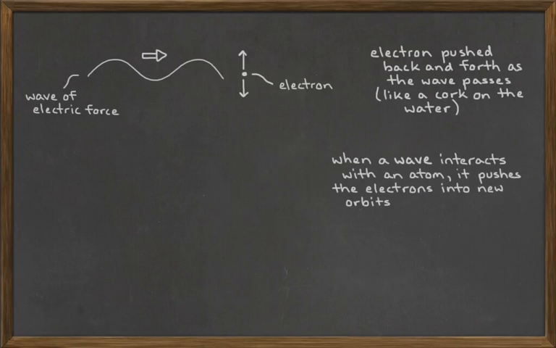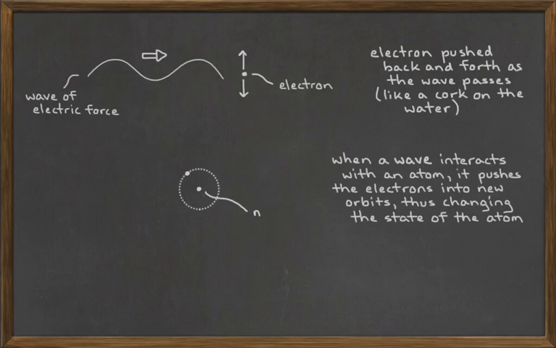And in so doing, it's going to end up changing the state of the atom. So for instance, if you've got the nucleus of your atom, and then you've got electrons circling around it. So we've got our nucleus with our electrons.